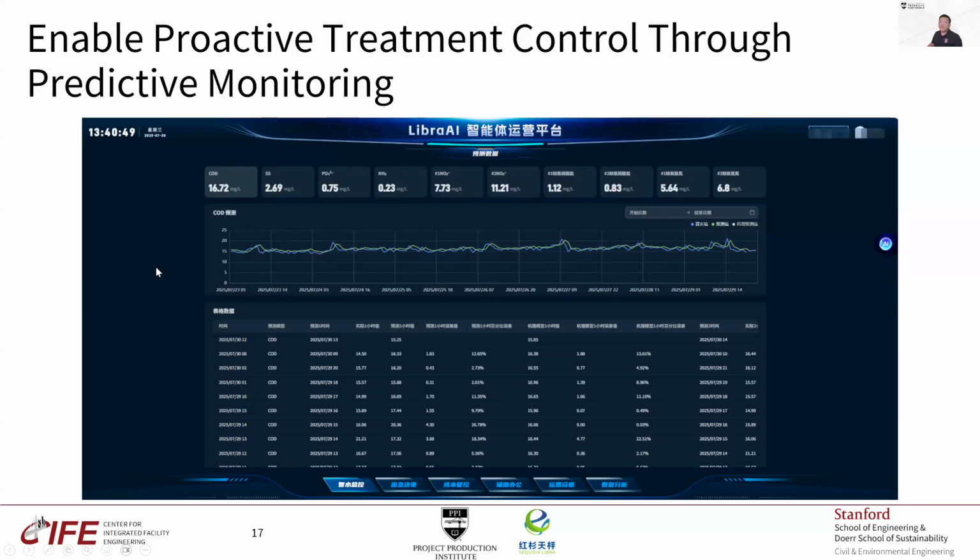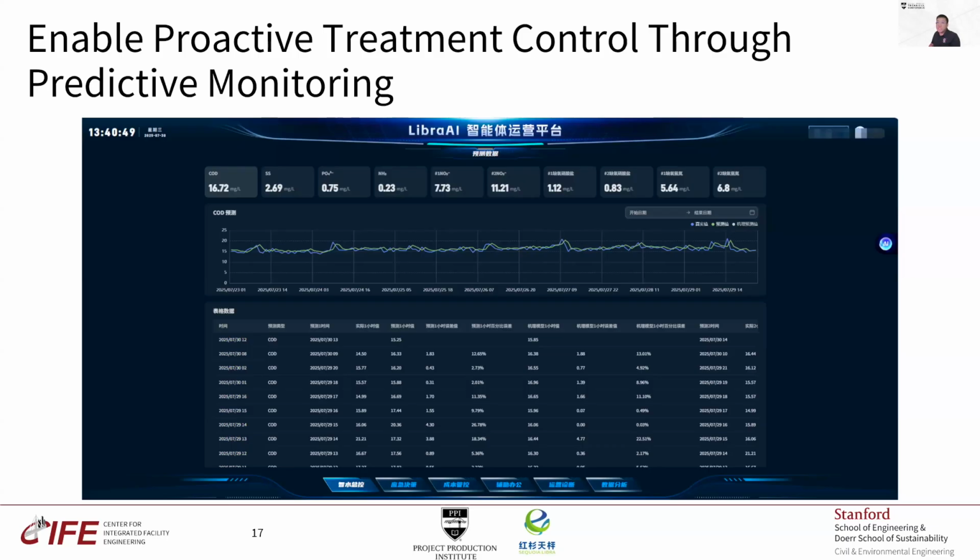But beyond improving all these testing efficiencies, we're also looking at a bigger system. The robotic testing platform also enables proactive control of the ALO treatment process through data and predictive monitoring. This is an example dashboard showing real-time data collected by the IoT devices on the treatment line, forecasting the chemical oxygen demand concentration at the effluent of the plant for 1 or 3 hours.